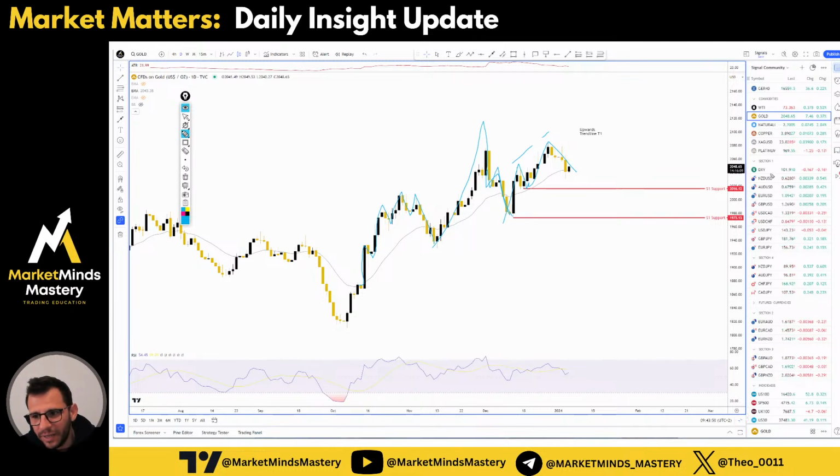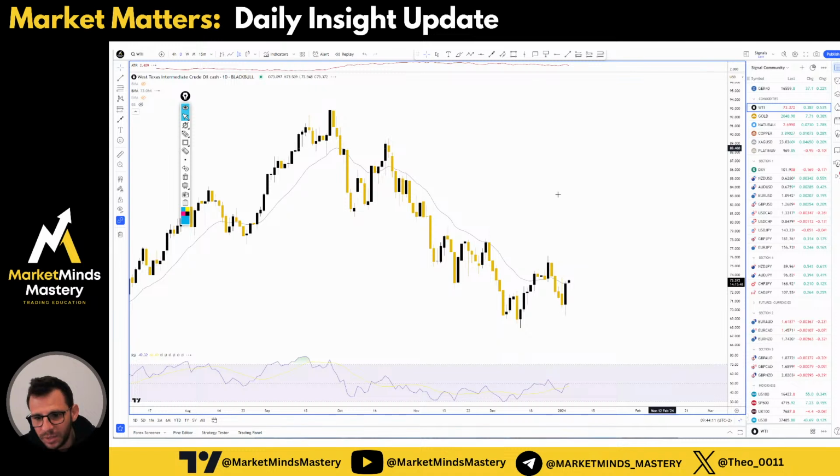It's not as clear as the New Zealand US dollar, for example, where we see a higher high, higher low, price now retests, so we can go long from here. That's not as clear as the New Zealand US dollar. So I'm not going to look for something to do with the gold.